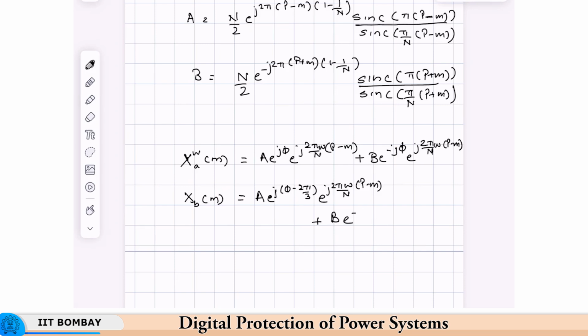This is again that is why we used A and B, so that we can focus on these things rather than get confused in these other exponentials and sinc functions.